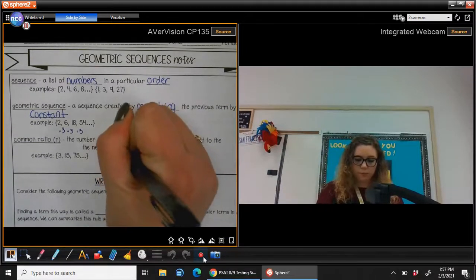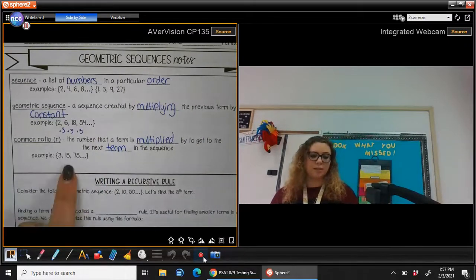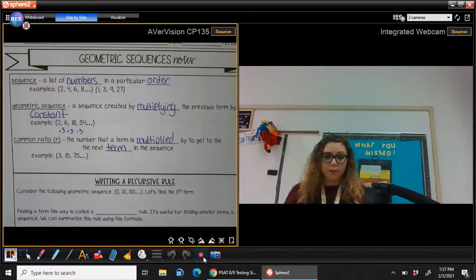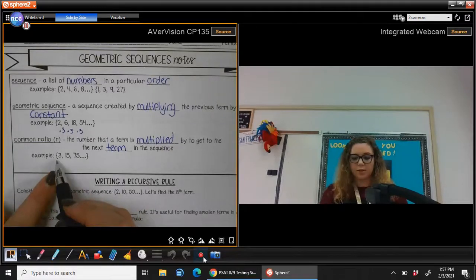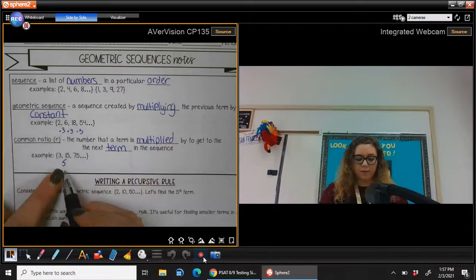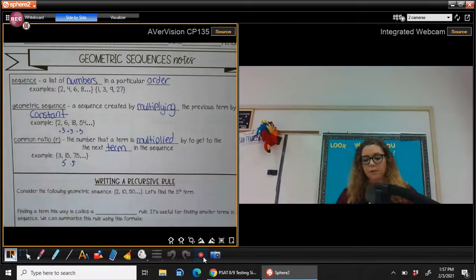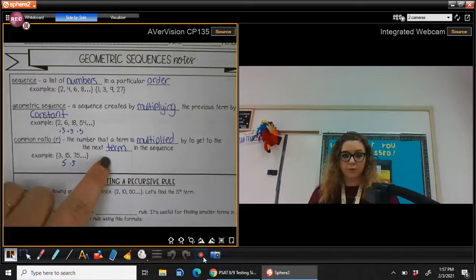So for example, find the common ratio in this example. A good way to see what that ratio is, is to divide. So 15 divided by 3 is going to give you 5. Then check, what's 3 times 5? 15. What's 15 times 5? 75. So you always have to check to make sure it's true all the way down, because it can change.